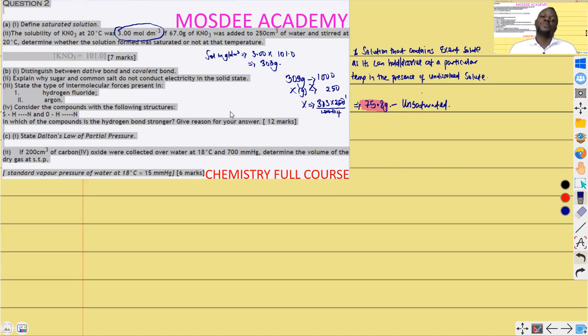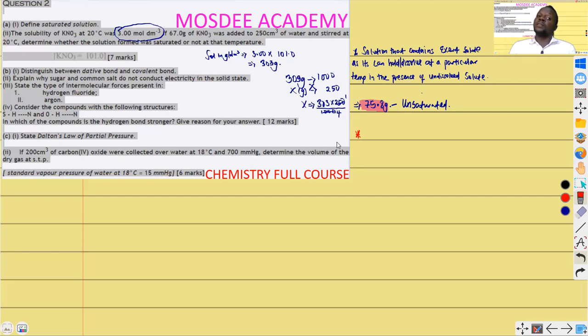Let's look at the other ones. We have to distinguish between dative bond and covalent bond. We've talked about this one time again. It's the major difference between dative and covalent. I've used examples. I think I have sent videos to those of you that are on this paid course. I sent the video to you guys on how to really differentiate, the visualization one, in which you see the reaction, you watch the way things are going in dative, which we also call coordinate covalent.